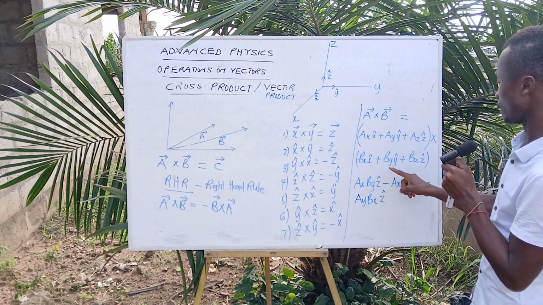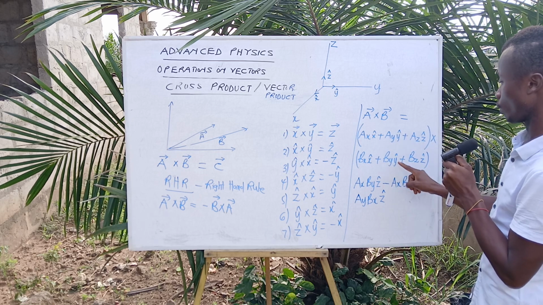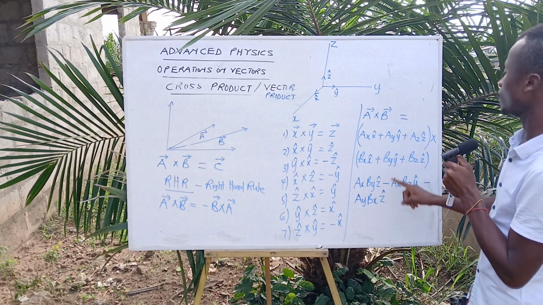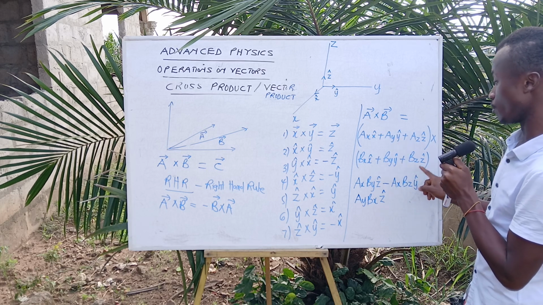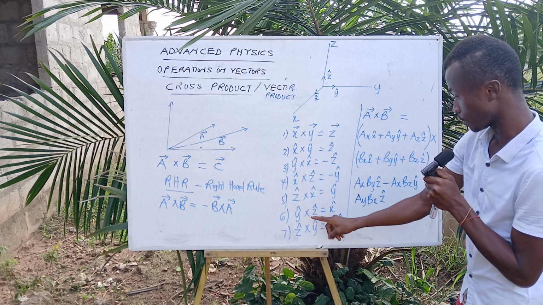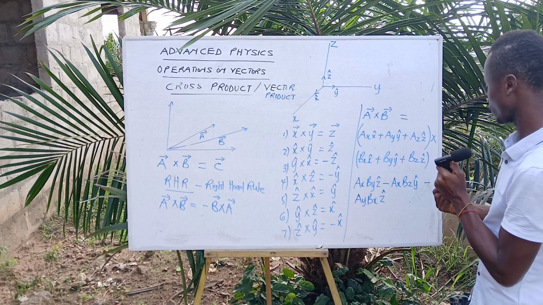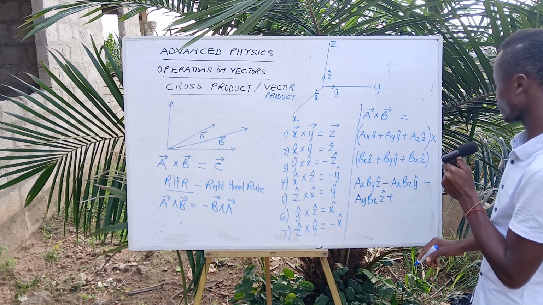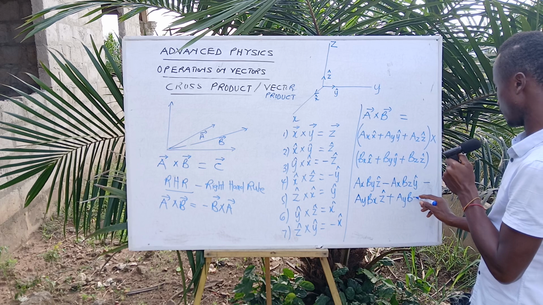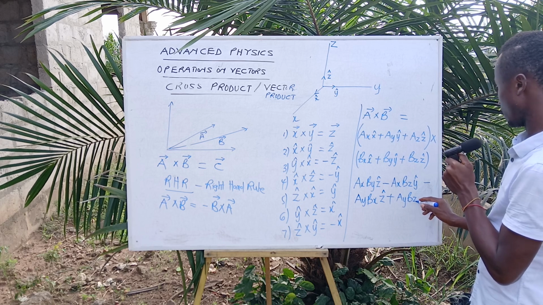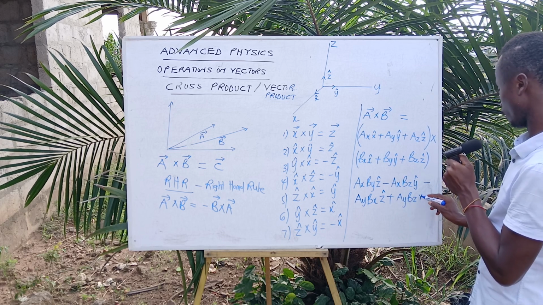And AY BY, y-hat cross y-hat, that will give us 0. AY BZ, y-hat cross z-hat. Y-hat cross z-hat will give us x-hat. That will be a plus AY BZ x-hat.